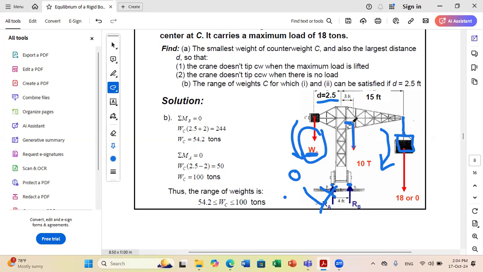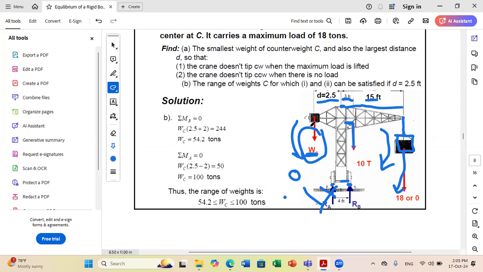Okay, this distance is the difference between 3 and 2, which is 1, plus the moment of the counterweight, which is 18 times this distance. This distance is 15 minus 2, which is 13. Okay, and this is equal to the counterweight moment.